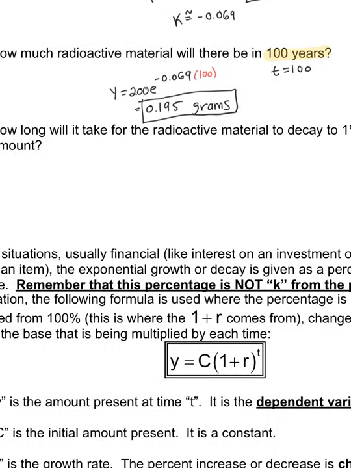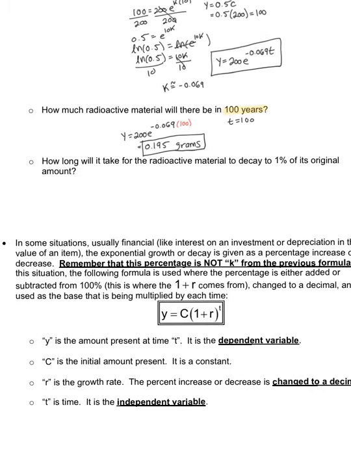Okay. How long will it take for the material to decay to 1% of its original amount? So that's telling me a y value, because it's saying after a certain amount of time, you're going to have 1% of it left. So that's telling me that my y value is 1%. 1% as a decimal, that's going to be 1 divided by 100, would be 0.01.